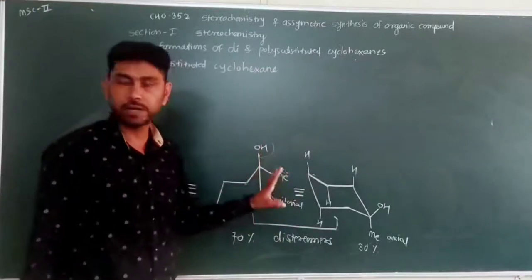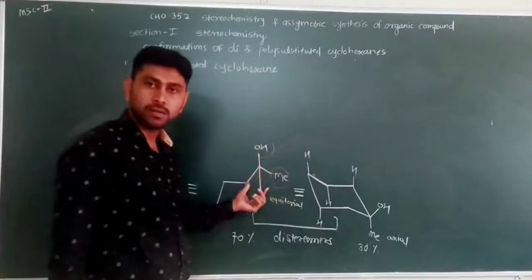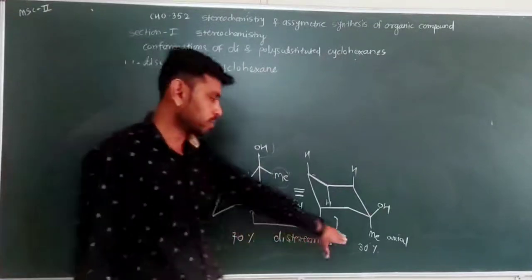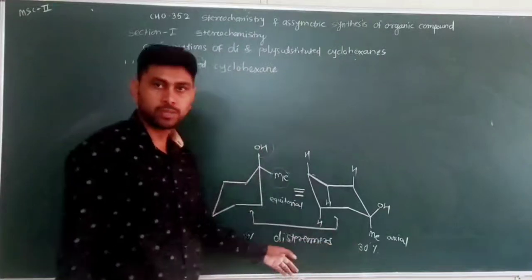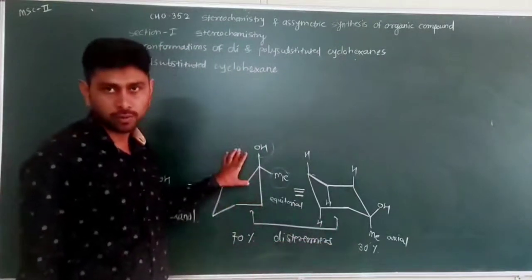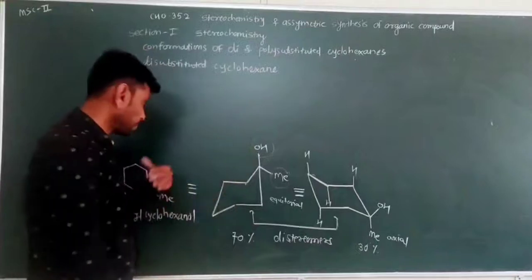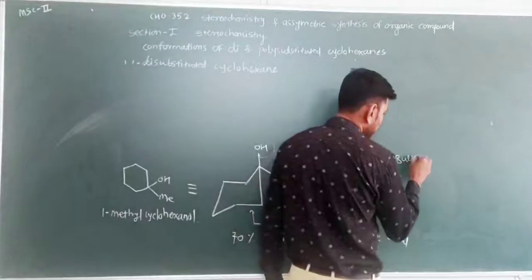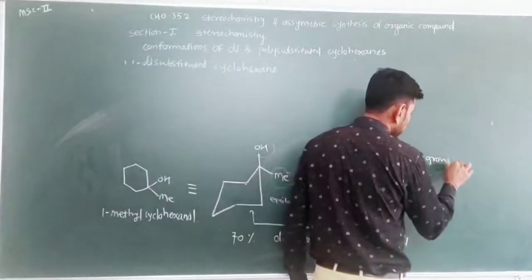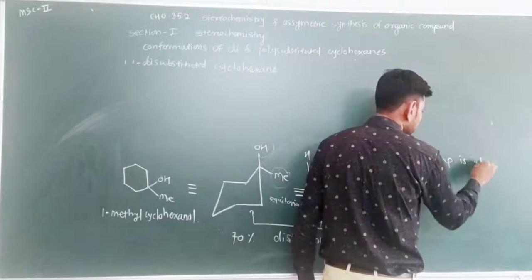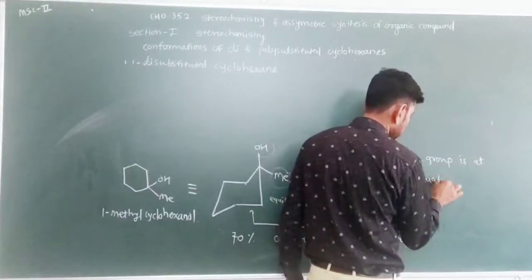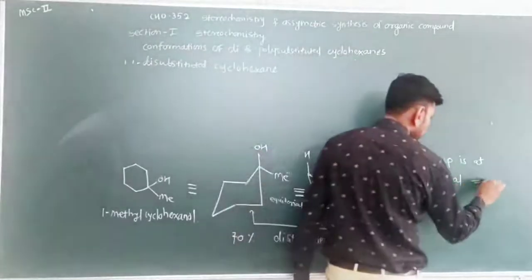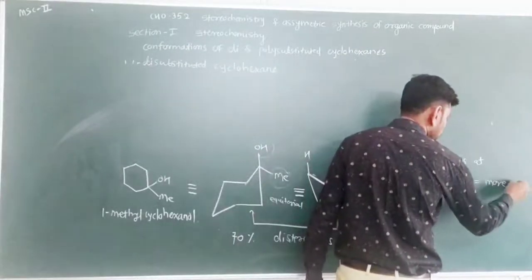This conformation is more favored and is obtained in 70% amount, and this one in 30% amount. So out of these two diastereomers, one is more favored. What is our rule here? When the bulky group is at the equatorial position, that conformation is more stable.